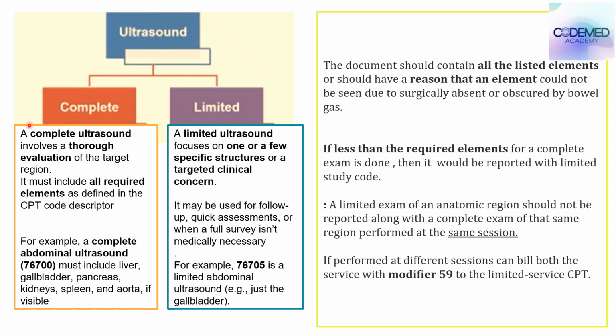Complete ultrasound involves the thorough evaluation of the target region. It must include all required elements as defined in the CPT code descriptor. For example, a complete abdominal ultrasound which is given by this code includes liver, gallbladder, pancreas, kidney, spleen, and aorta. So complete is including a lot of structures in that area.